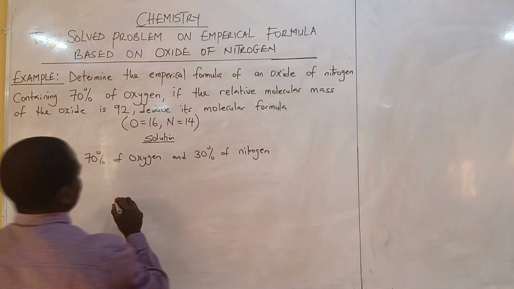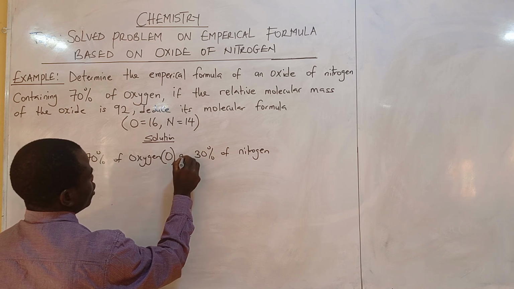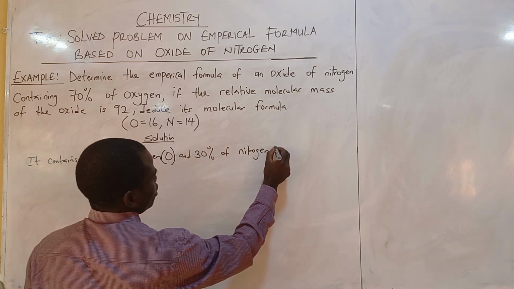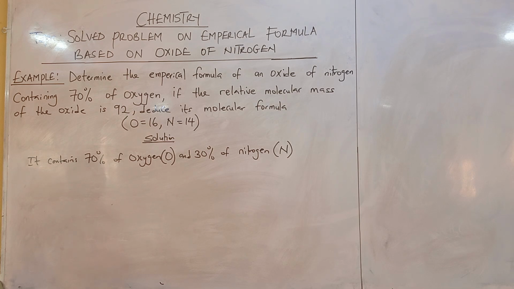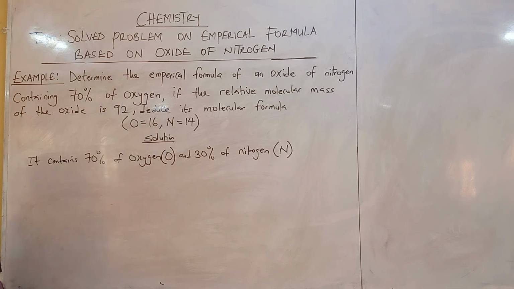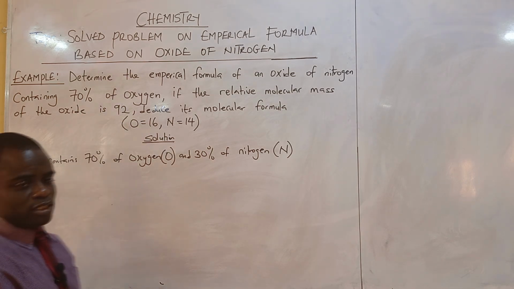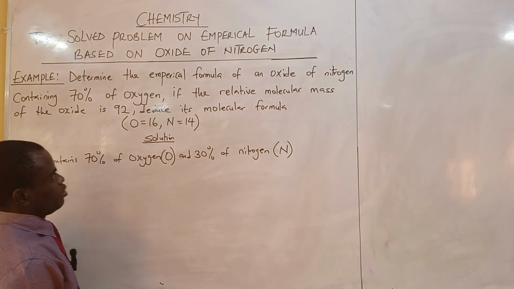Is that okay? 30% of nitrogen, N. Is that okay? We are given 70% of oxygen. You should know that the remaining 30% should be for nitrogen.